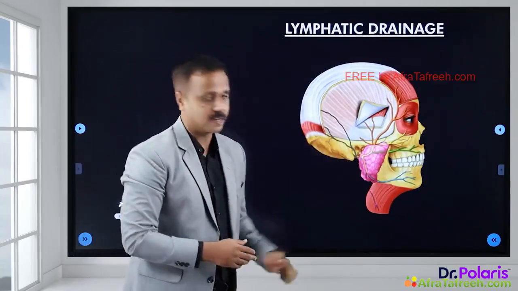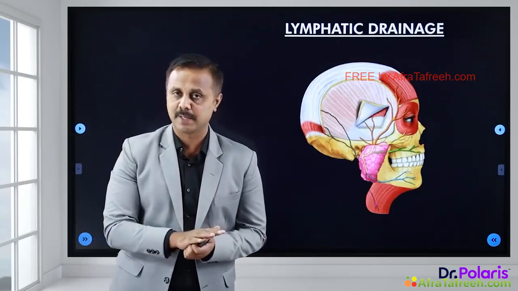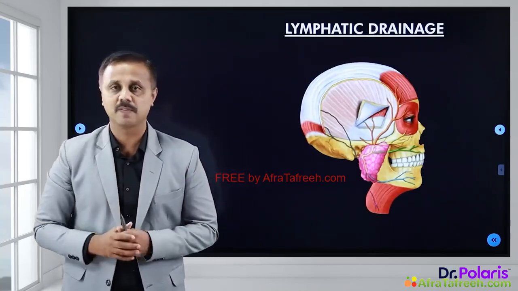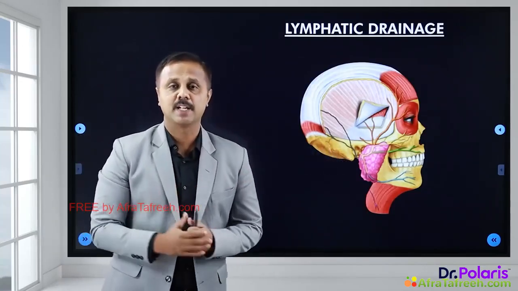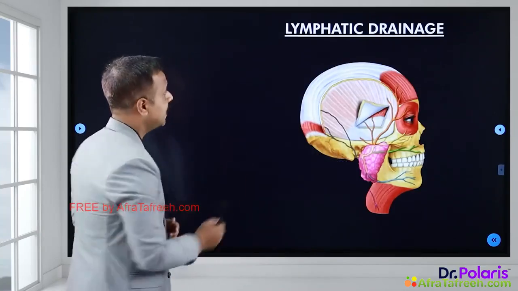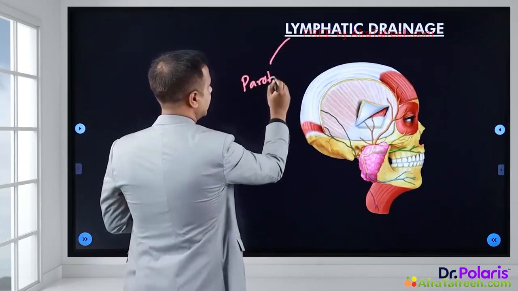The superficial surface of the parotid gland has the parotid lymph nodes embedded in it. Right? So the lymphatic drainage is into these parotid group of lymph nodes. From the parotid group of lymph nodes, the lymph can ultimately drain into the deep cervical nodes. So the lymphatic drainage is first into the parotid nodes.